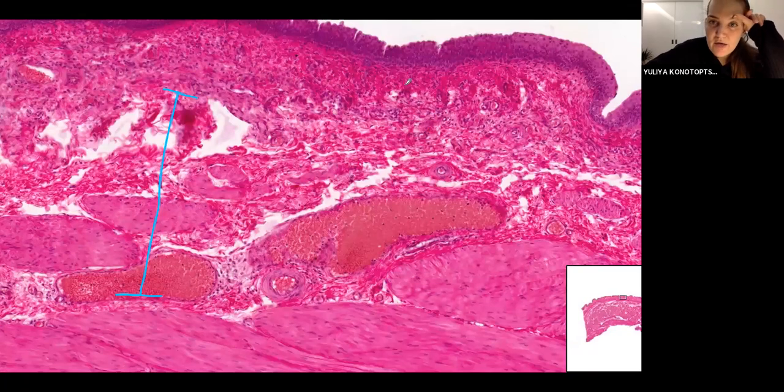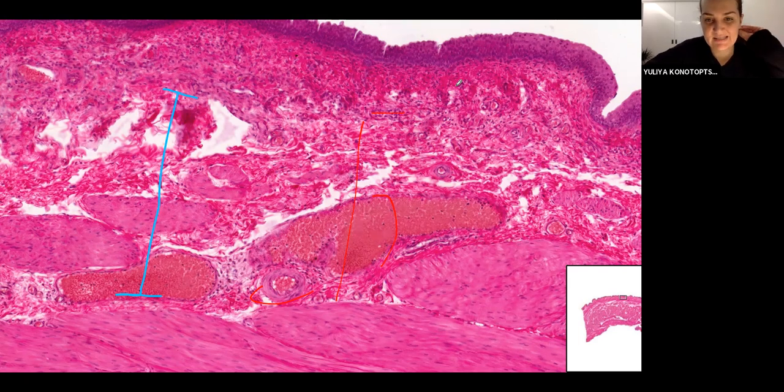Okay, here under the lamina propria, we have some kind of area which possesses small veins and small arteries, right? Is it submucosa? It's debatable. In the book, it says it's not submucosa. In the lectures, it says it's not submucosa. And then you go to practicals and they will say it's a submucosa-like area.